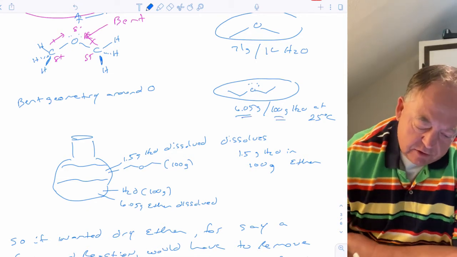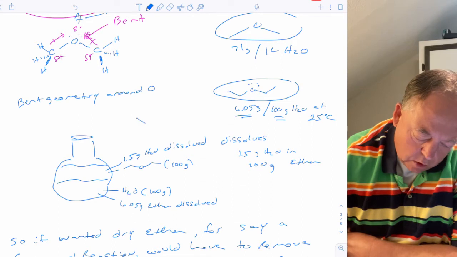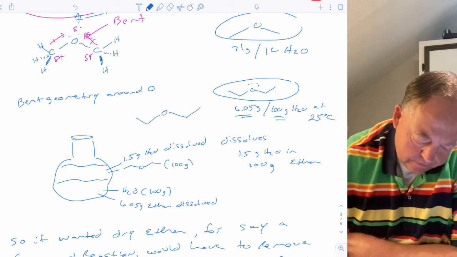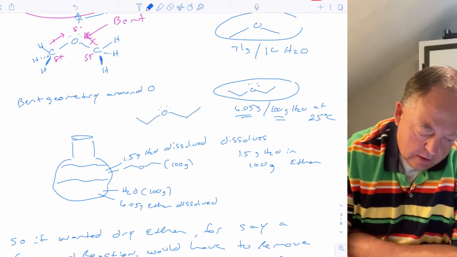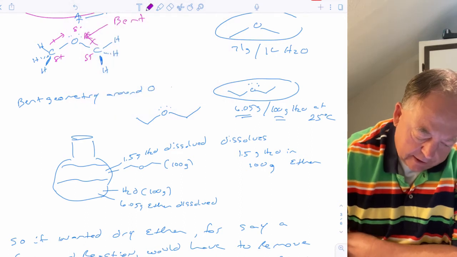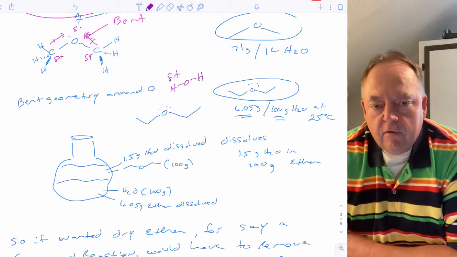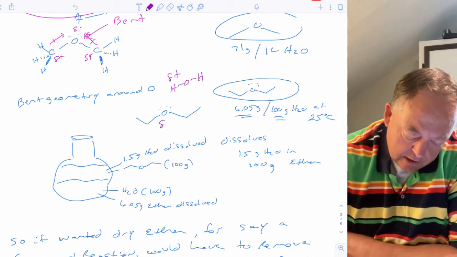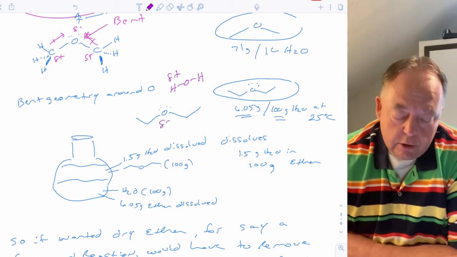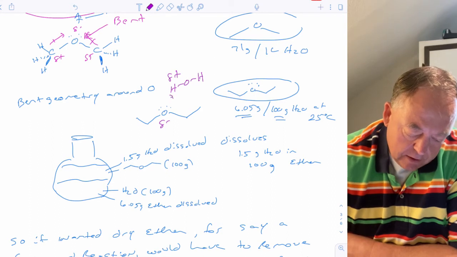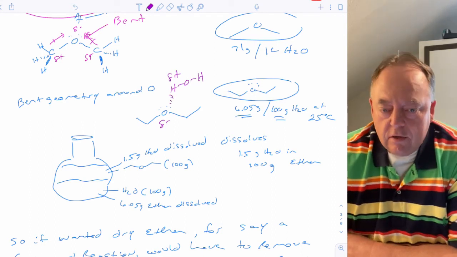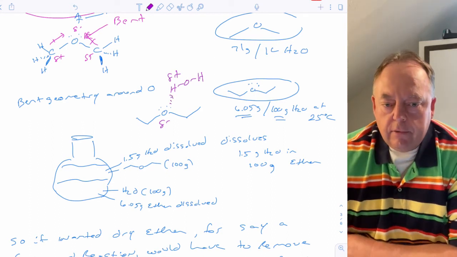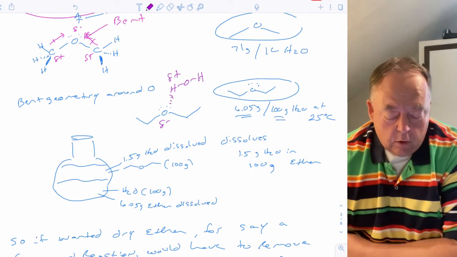And we've talked about this before. Why does it have any water solubility at all? Because it can make hydrogen bonds to water molecules. So water can provide the partial positive hydrogen, and oxygen of the ether, the partial negative atom with lone pair. So it can make hydrogen bonds to water, so that's going to give it some water solubility. But it's not highly water soluble.